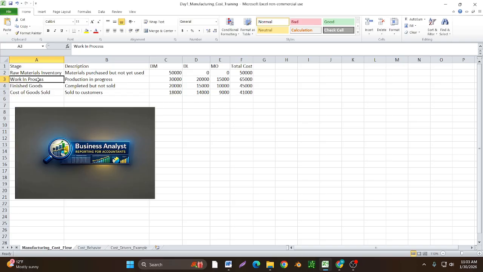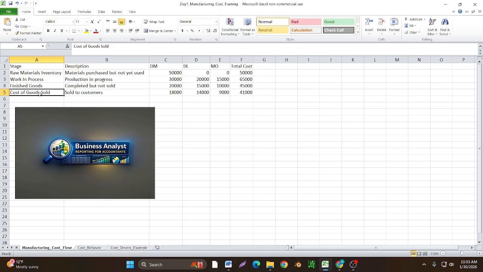At this stage, we have direct materials, direct labor, and applied manufacturing overhead. Finished goods are completed but unsold products. And cost of goods sold is when the product is sold, that cost hits the income statement.